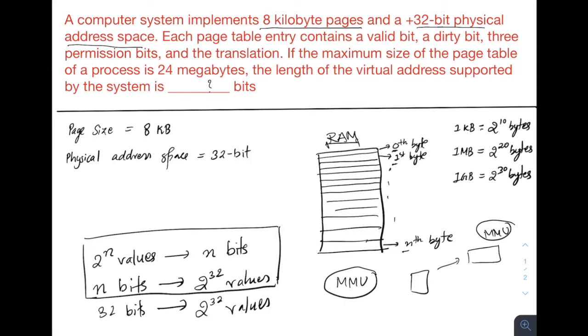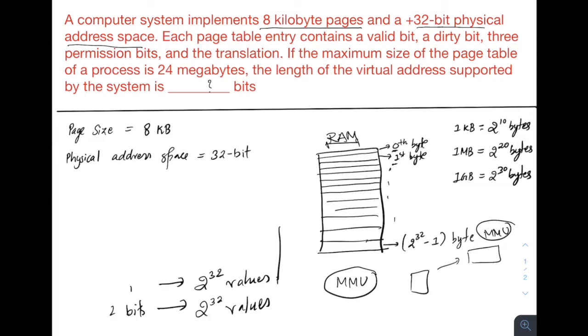The address will start from 0, then 1, 2, 3, 4. The last address will be 2 power 32 minus 1 byte. This will be the last address in your RAM when you have a 32-bit system. I hope you have understood this concept.